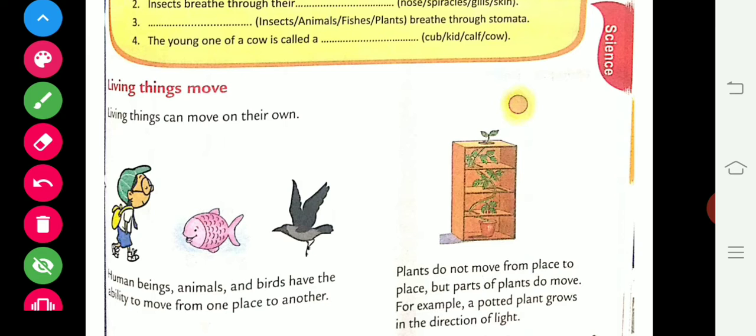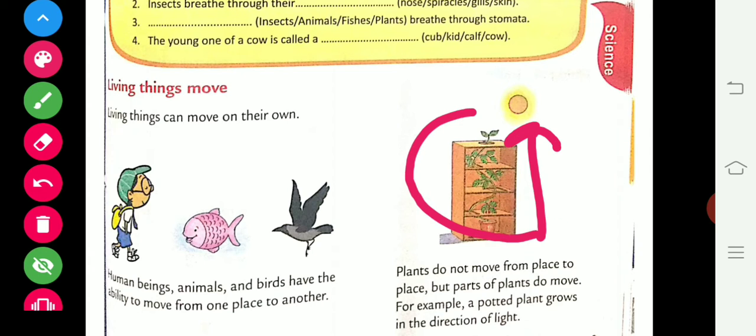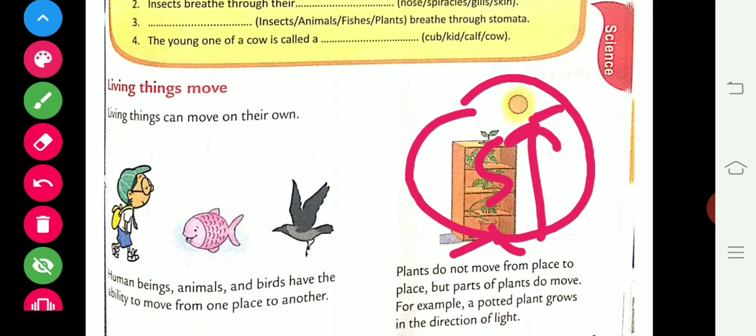They grow in the direction of the sun. You are seeing in these pictures, this plant is here. Plants do not move, but it is growing in the direction of light. Plants' roots also grow.